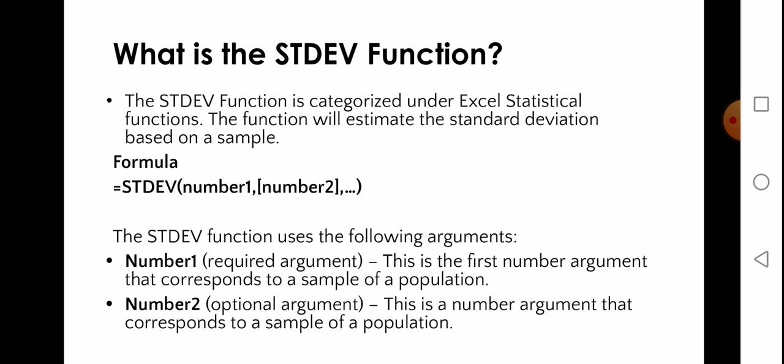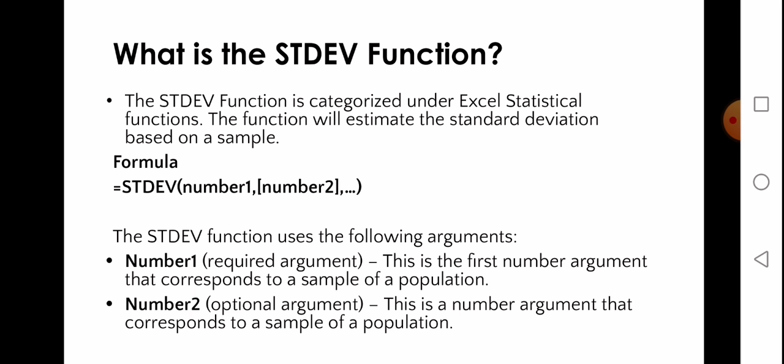Okay, now what is the STDEV function in Excel? The STDEV function is categorized under Excel statistical functions. The function will estimate the standard deviation based on a sample. So we have a formula of equal sign STDEV, followed by the number or the particular cells in Excel.